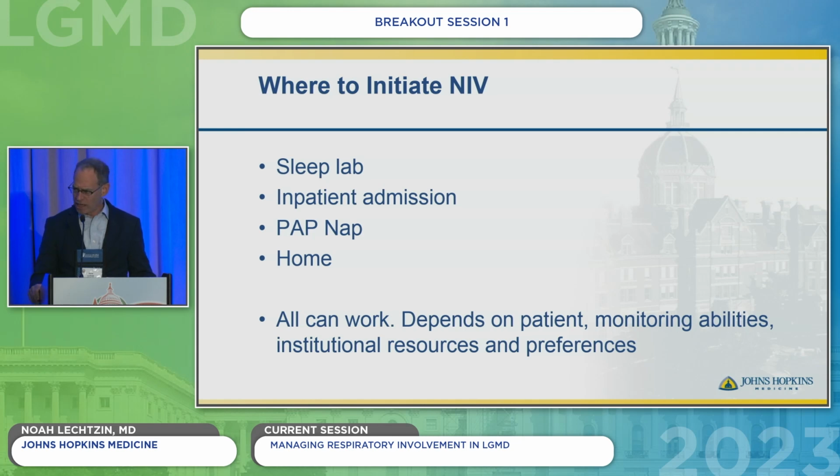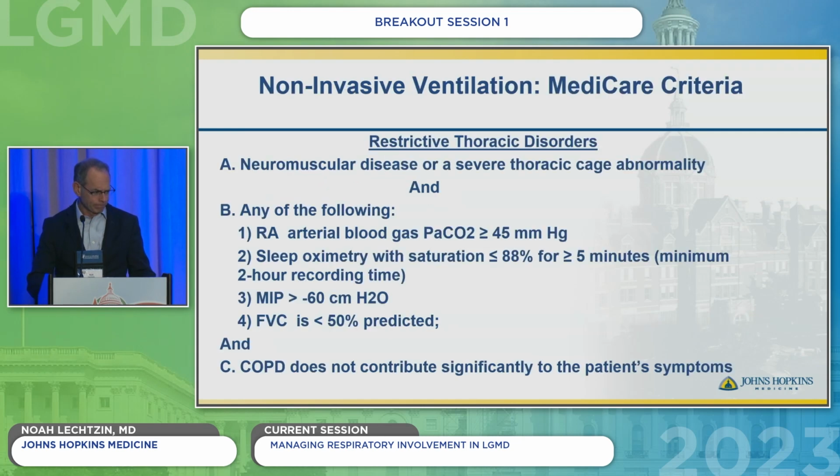There are lots of different ways to start non-invasive ventilation. It can be done overnight in a sleep lab, in a hospital, or at home, and a lot of it depends on the preferences and resources of the different centers and patient preferences. One question that comes up all the time is when's the right time to start non-invasive ventilation?